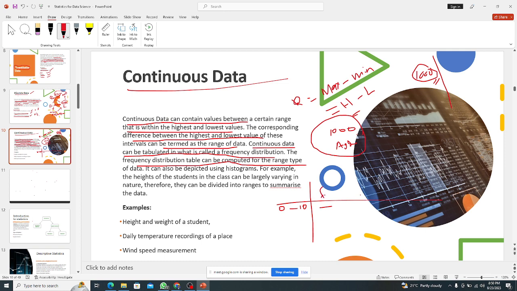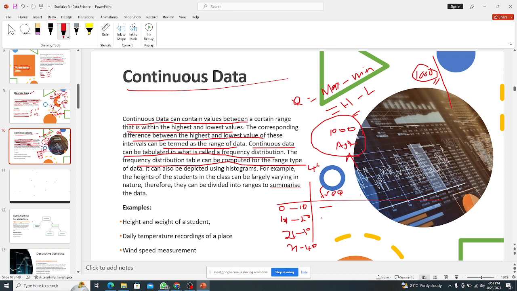Okay, this is frequency. Or how many people do we have between 0 to 10? Then you can go to 10 to 20, or 11 to 20, 21 to 30, and maybe 31 to 40, assuming the oldest person in this list has an age of 40.